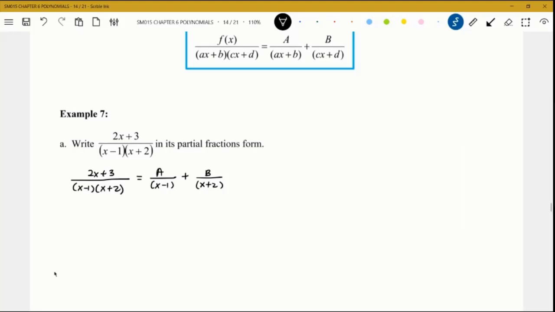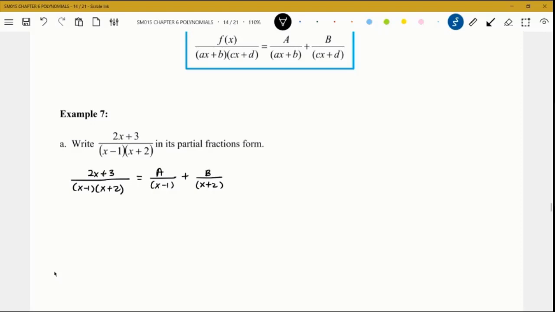Okay, so final answer yang ini mesti tukar jadi bentuk yang ini. So kamu nak cari nilai A dan cari nilai B. So we have 2 unknowns. It means you have to substitute 2 values of x. Okay, ingat kalau kita ada 2 unknown, 2 nilai x yang kita perlu substitute. Kalau kita ada 3 unknown yang kita nak cari, it means you have to substitute 3 values of x. Kalau ada 4 unknown, bermaksud 4 values of x yang kita perlu substitute dalam equation.